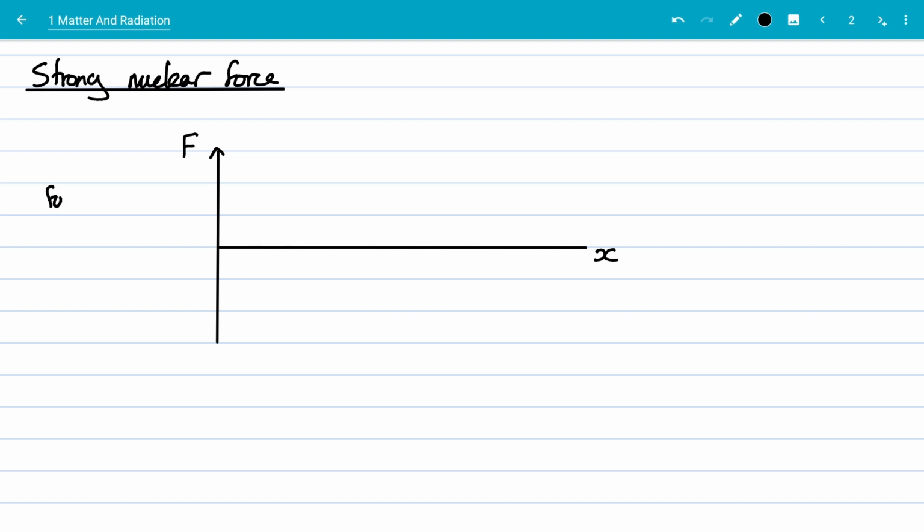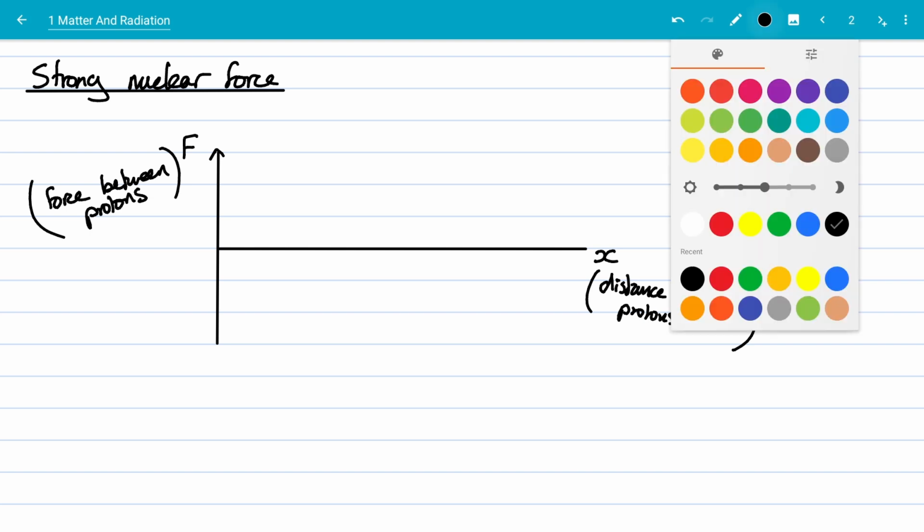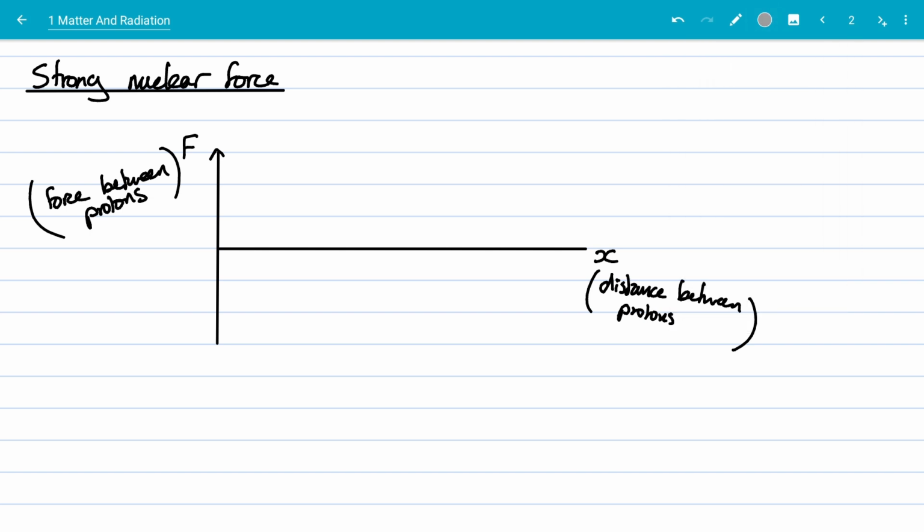So this is the force between protons on this axis, and this is distance between those same protons. And let's say that this part of the graph at the top is showing repulsion. Positive forces are repulsive forces. And this part down here is showing attraction. Negative forces are attractive forces.